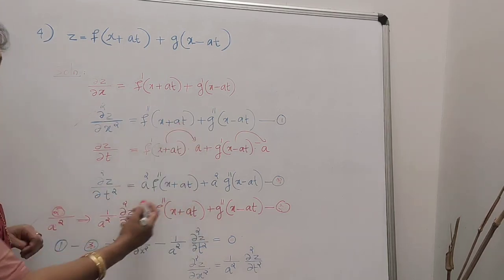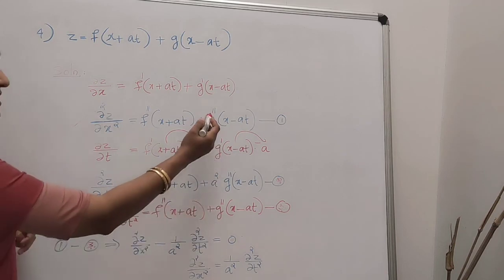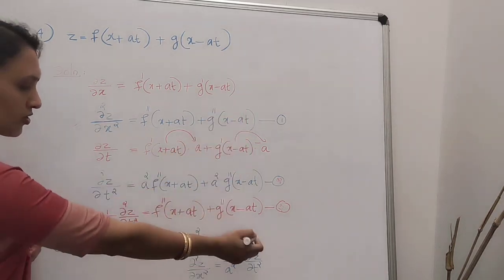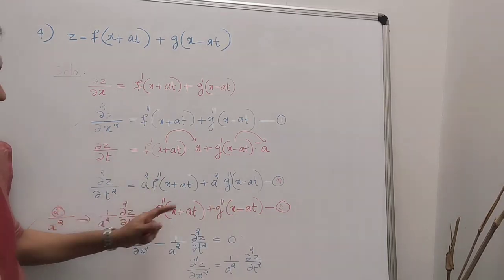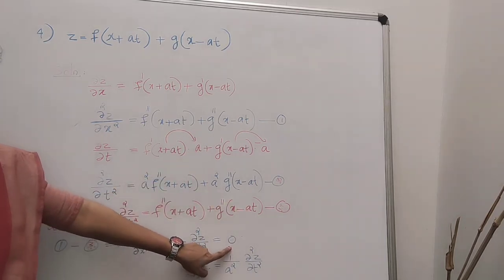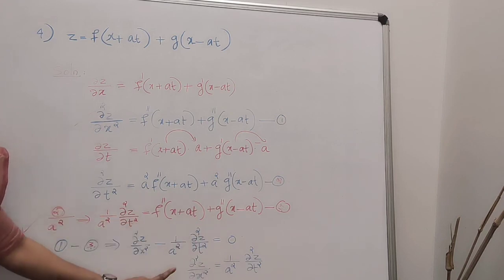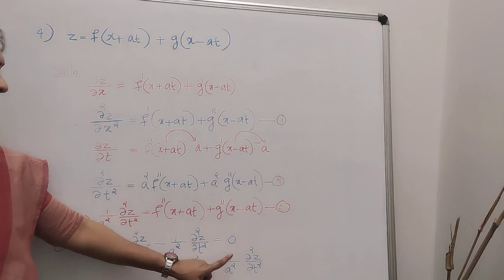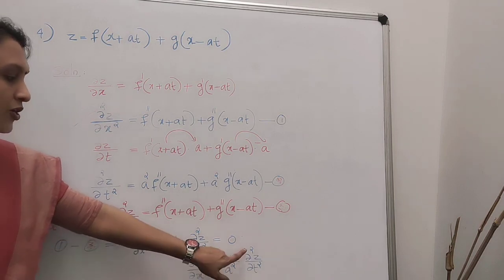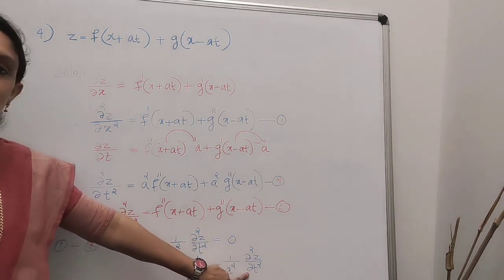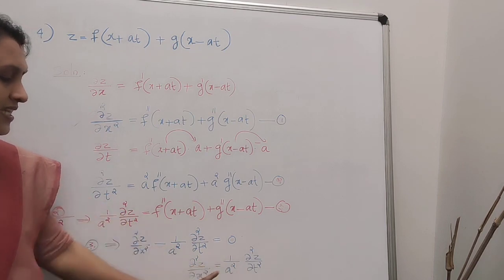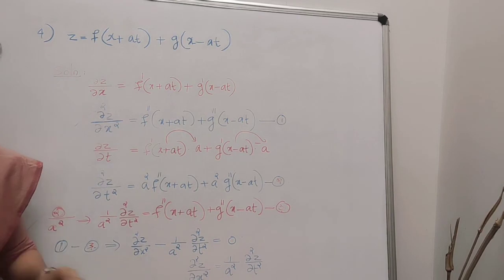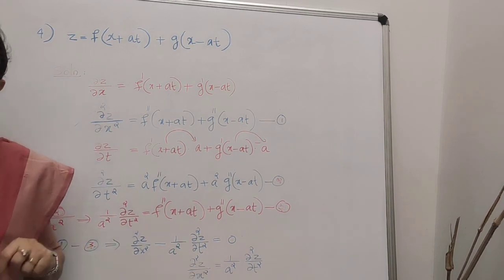These two terms get cancelled. Similarly g double dash of x minus at minus g double dash of x minus at also gets cancelled. Everything vanishes, so the RHS will be 0. And from this we have dou square z by dou x square is equal to 1 by a square into dou square z by dou t square. This is independent of the arbitrary functions, which is the required partial differential equation.